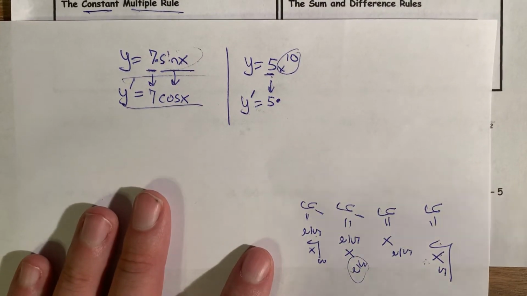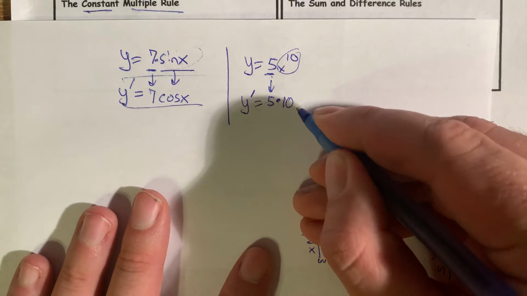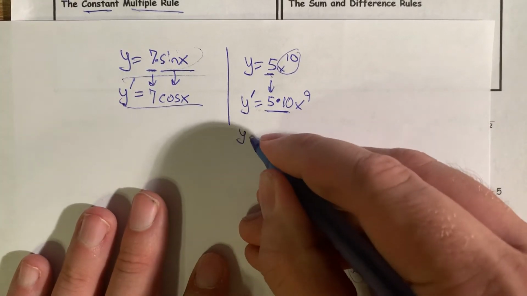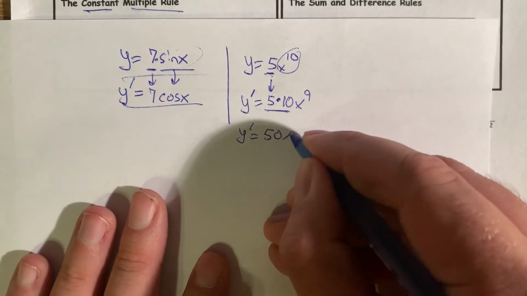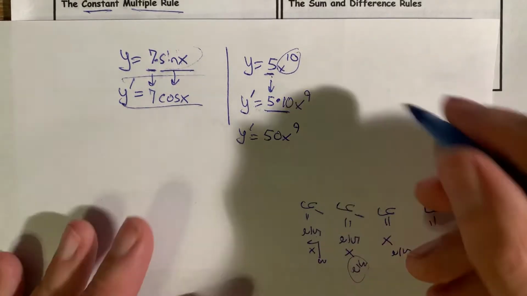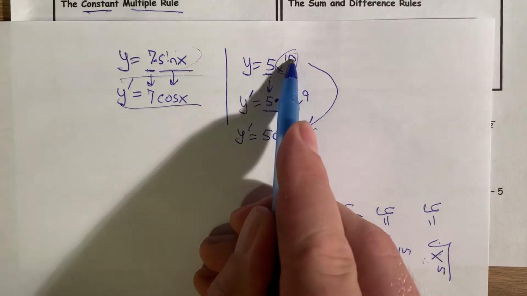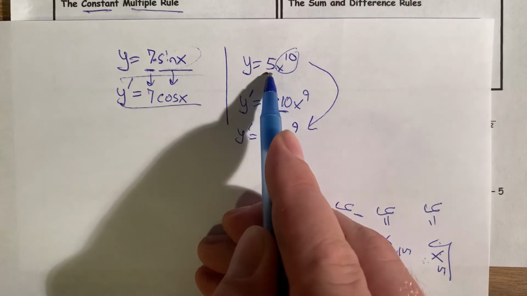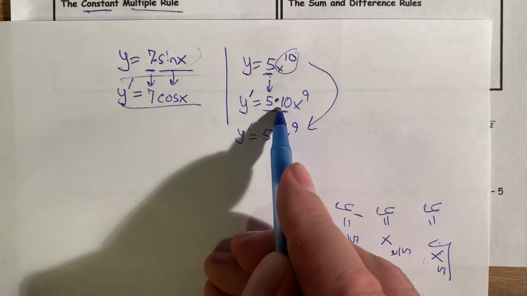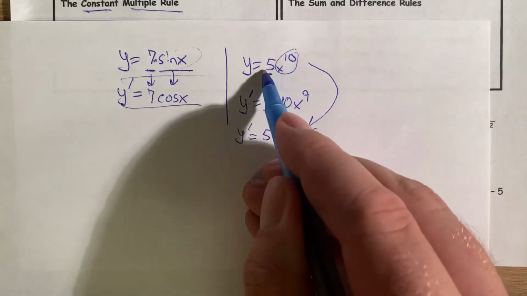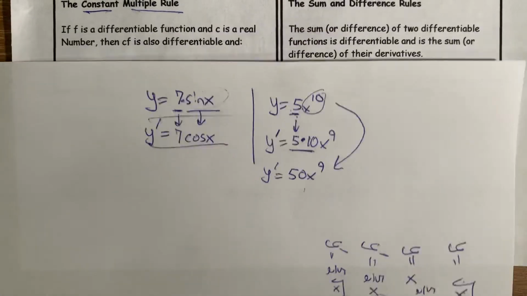The derivative of x to the 10th is 10x to the 9th, and now you can actually multiply these together. And we get 50x to the 9th power. Almost everybody will skip this middle step and just say, with the power rule ones, I know this power will just end up multiplying times this constant because the constant's still going to be there when we multiply. So 10 times 5 is 50, x to the 9th. So you multiply the constant times whatever's there and lower the power.